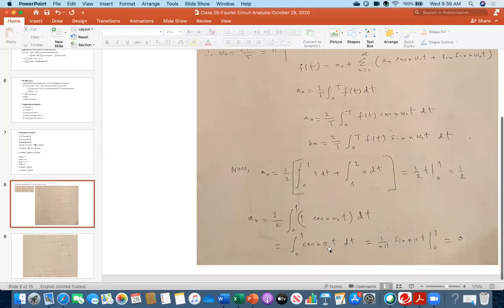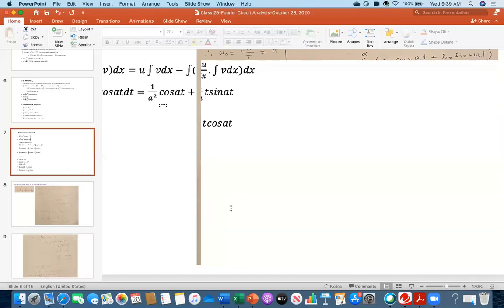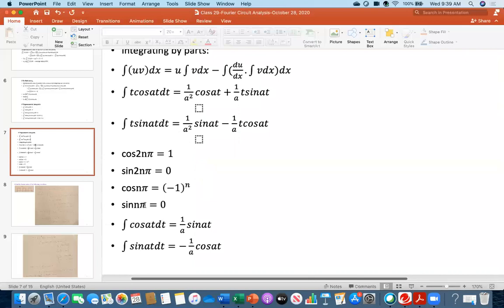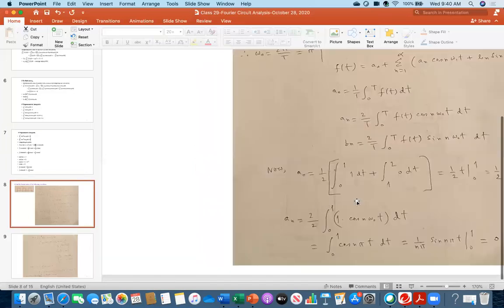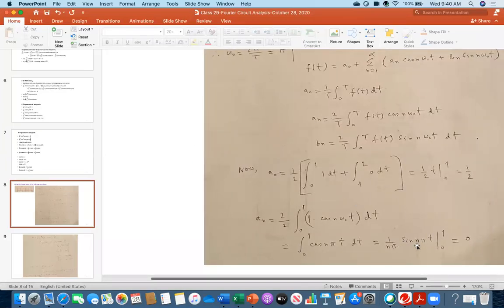So I got cos n pi t, and then you integrate it: the integral of cosine n pi t is sine n pi t, times 1 over n pi, from 0 to 1. And then if you put in the limits, definitely you know sine 0 means 0, but when it is 1, sine n pi, as I said here, you look, sine n pi is 0. Sine 2 n pi is 0, sine n pi is 0. So directly you will be applying these things. Because it is sine n pi, that is 0. So ultimately an became 0.